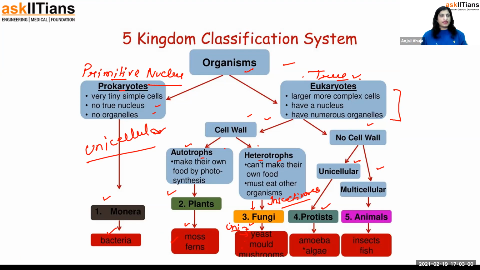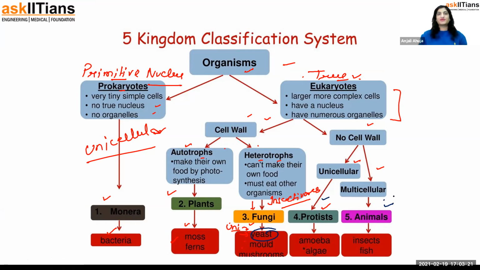Only yeast. I'll highlight it with a different pen color. Yeast is unicellular. Okay, now talking about the unicellular, all the protists, and then in multicellular, all the animals, including insects, fishes, mammals, whatsoever. This is like a brief outlook of all the classification factors.